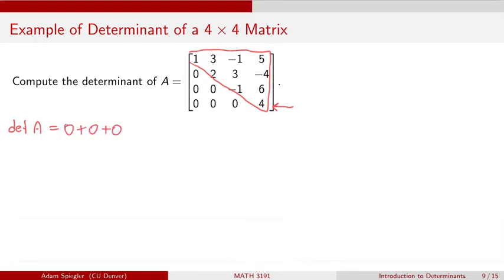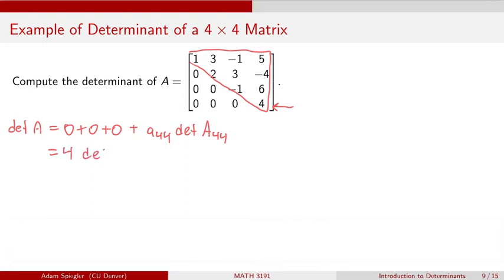So I don't even care about the first 3 submatrices. But now I've got my entry, which is A4,4. And 4 plus 4 is 8. That's even. So we're going to add A4,4 times the determinant of submatrix A4,4. In this case, A4,4 is equal to 4.